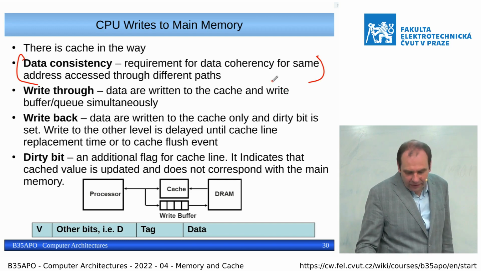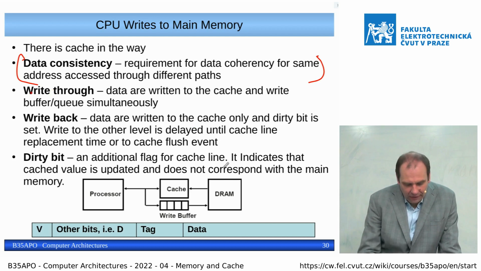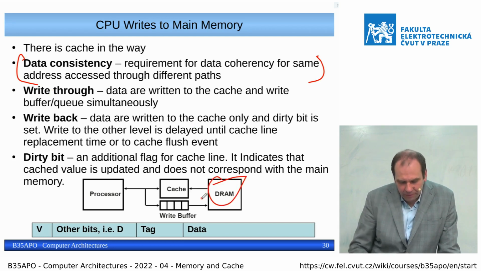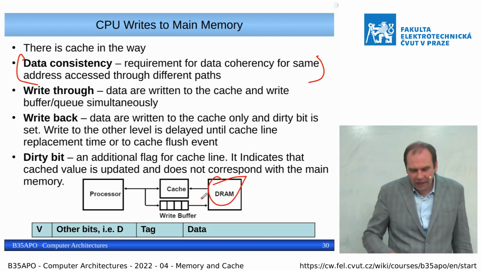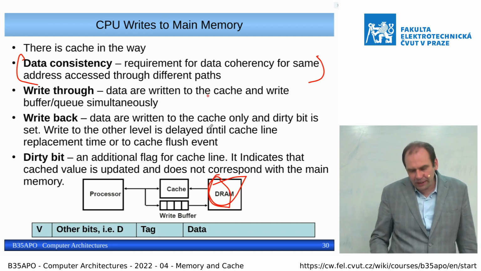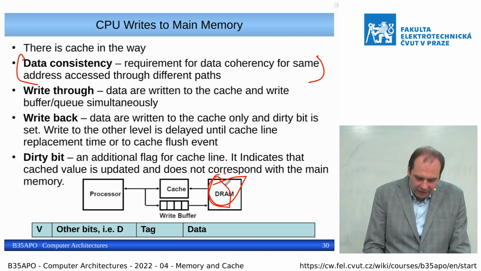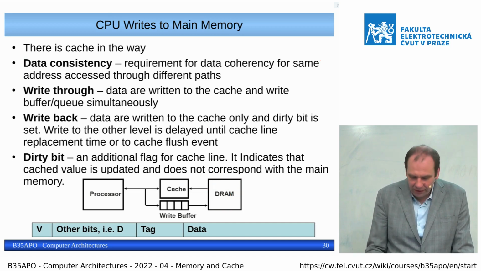There would be no problem if all data were written through to the main memory. So basically at the moment when we change the data, if they are present, we change the data in the main memory, and another processor can check that the data has been changed in the main memory and access the changed data instead of those data in the cache.